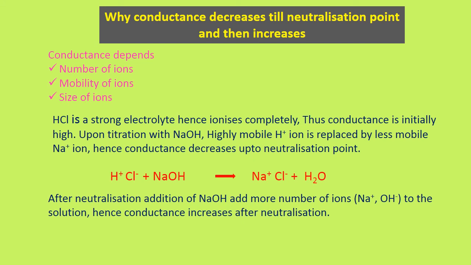Once all the H plus ions are neutralized, addition of NaOH adds extra ions to the solution. Okay, hence conductance starts increasing. So with each ml of addition of NaOH, that much quantity of Na plus and OH minus ions is added to the solution. Hence conductance starts increasing in every step. So until the neutralization point it decreases. After the neutralization point it starts increasing.